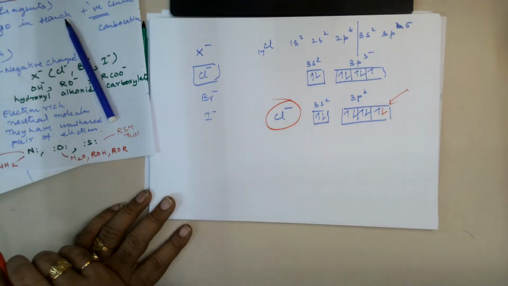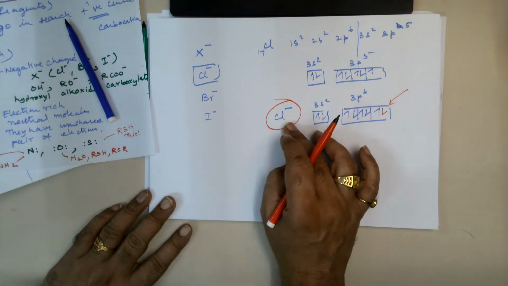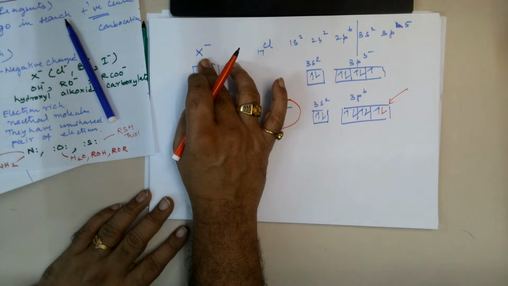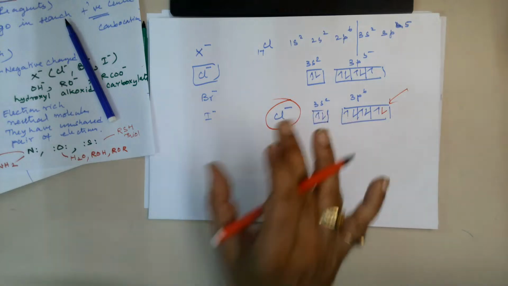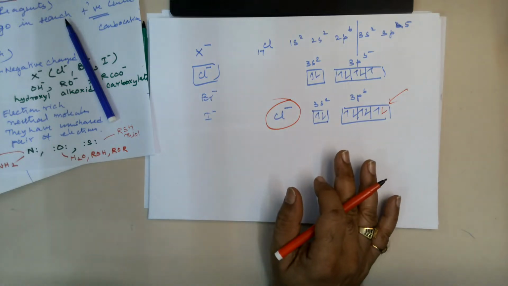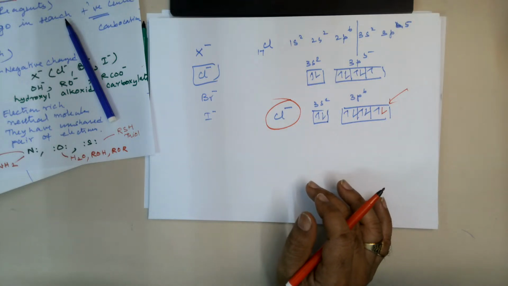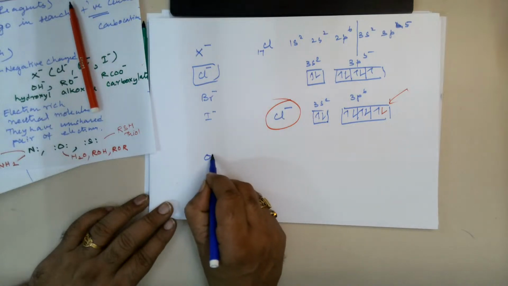So it becomes Cl minus, thereby a nucleophile. So this is negative. The negative entity can go in search of a positive carbon, that is a cation. That is why chlorides, bromides, iodides, that is negatively charged reagents, are called nucleophiles.